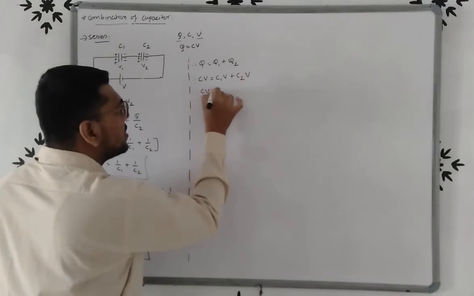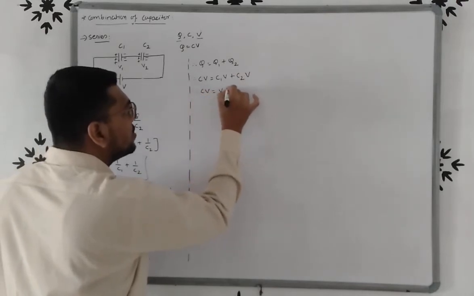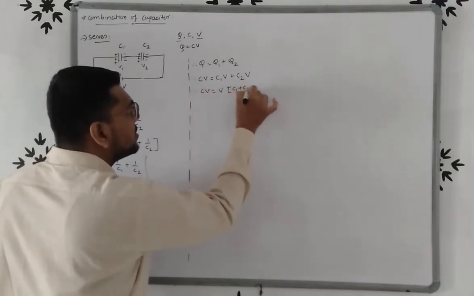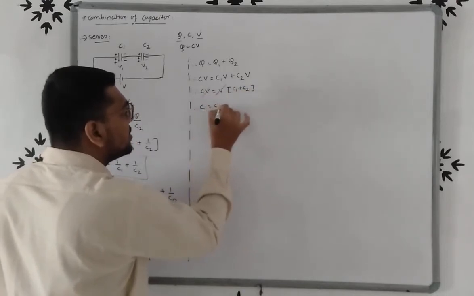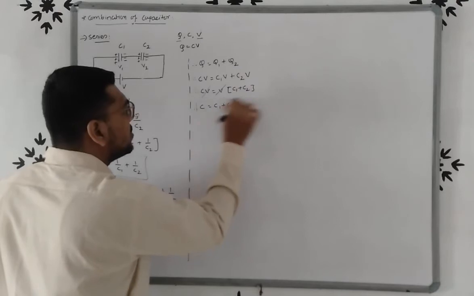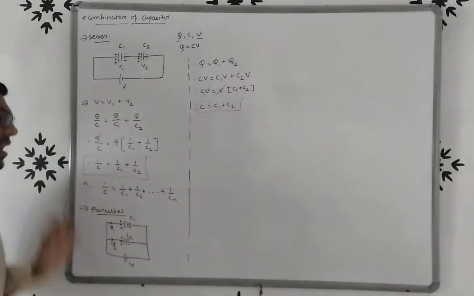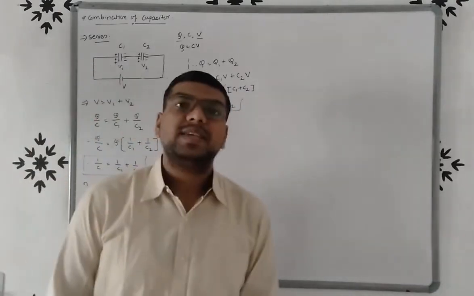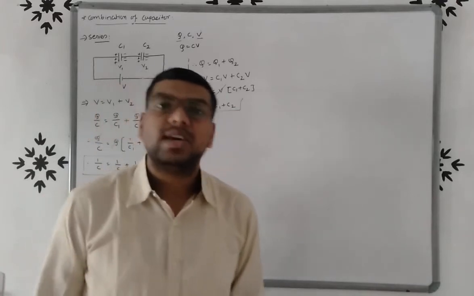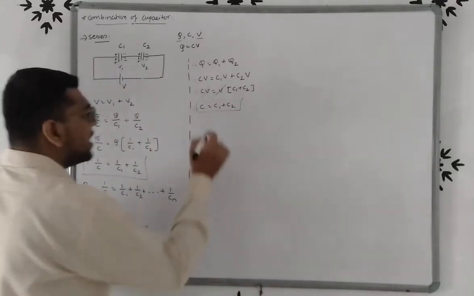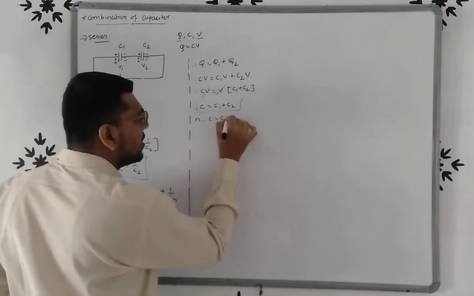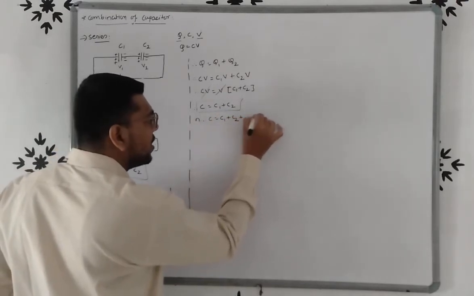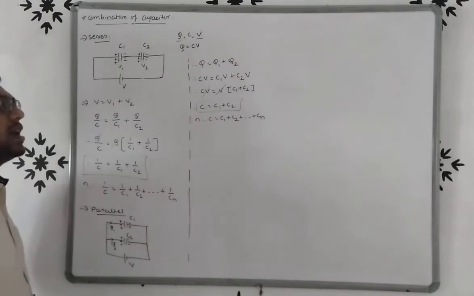So CV is equal to, here we take V common, so (C1 plus C2)V. So here V cancels, so C is equal to C1 plus C2. So for parallel combination equivalent capacitance C is equal to C1 plus C2. If there are n capacitors, then C is equal to C1 plus C2 and so on up to Cn, right.